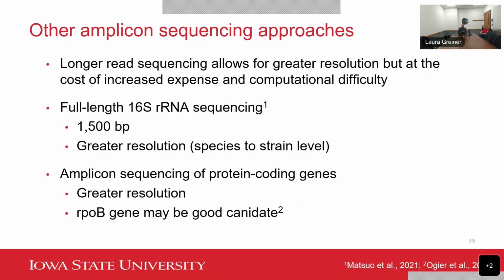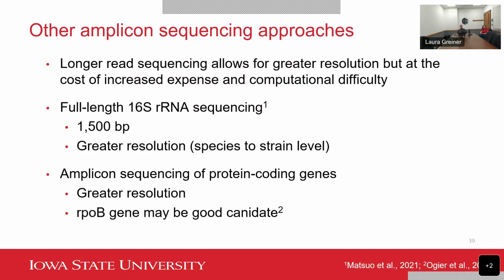So outside of simply sequencing variable regions in the 16S gene, there have been in recent literature some newer amplicon approaches that allow for increased resolution. They do come with added costs and computational issues. They don't necessarily have databases, so it's more difficult from that standpoint.